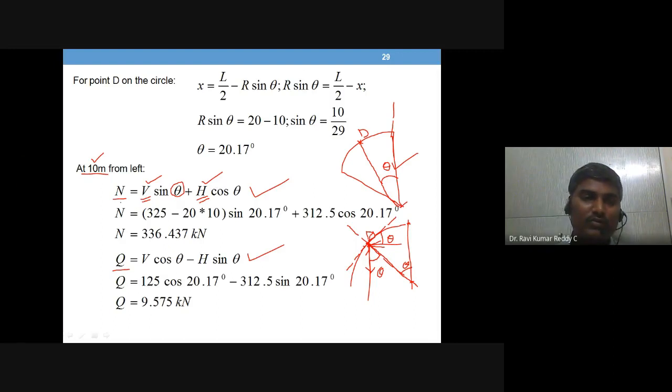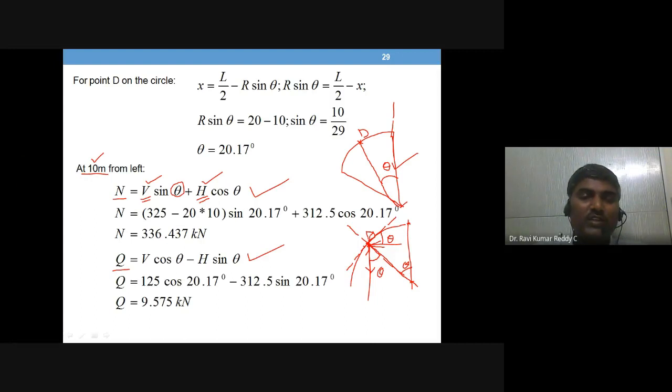Now the same you need to find. To find N and Q, you need the V value, the H value, which means the horizontal and vertical reactions, and theta, nothing but the angle made by the line joining the chosen point on the arch and the center of the arch with respect to the vertical.